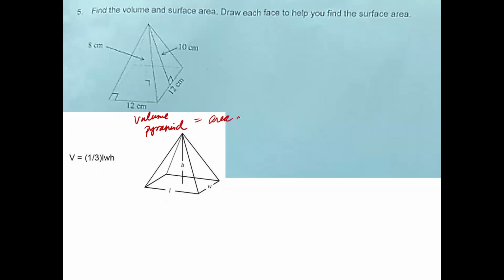It's area of the base times height, the actual height of the prism, right? But is this pointy or not pointy? It's pointy. So what do you do? I would divide it by 3. Divide it by 3 or multiply it by 1/3, that's the same thing, because dividing by 3 is the same thing as multiplying by 1/3.